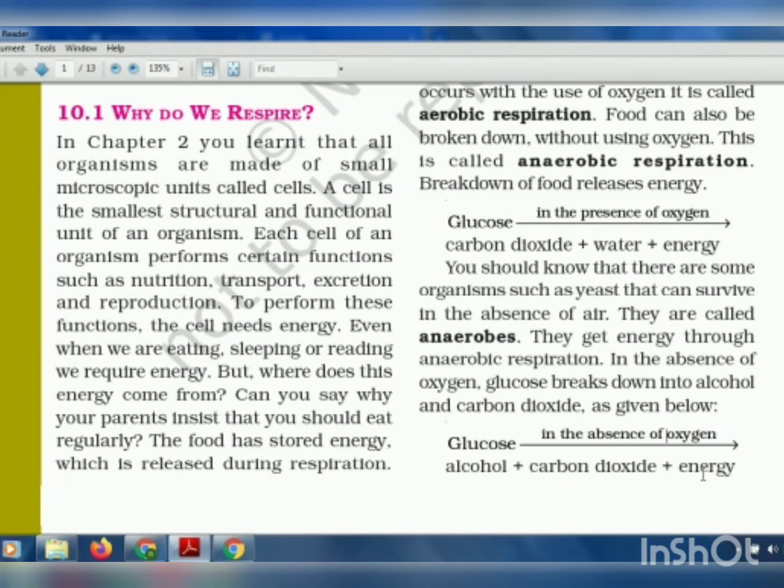Now, who does anaerobic respiration? It is done by organisms such as yeast, because they can survive in the absence of air also. That is why they do anaerobic respiration, and they are called anaerobes.